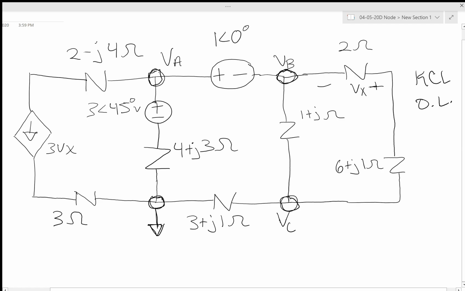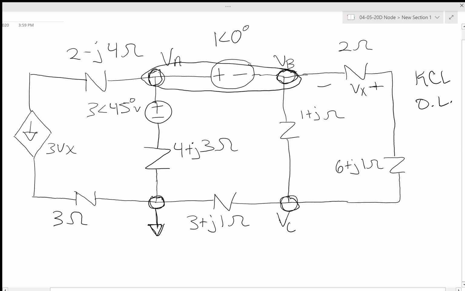The first thing I look for is voltage sources. You could have multiple voltage sources, but they would have to be between 2 of my designated nodes. And I see the only place that happens is between VA and VB right here.